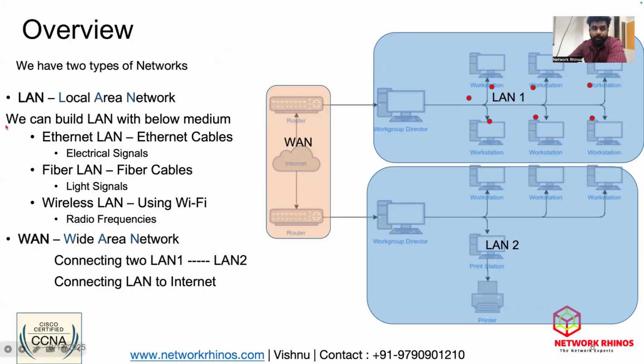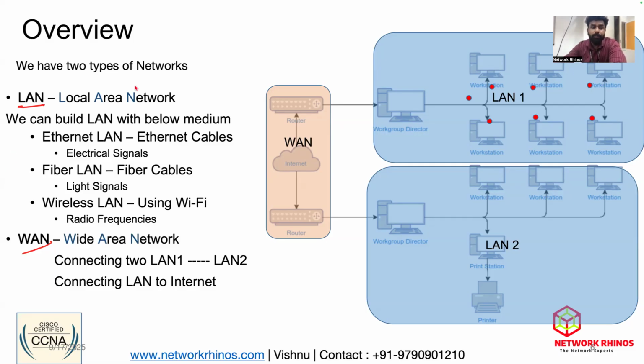So as of today, we will break down LAN and WAN. Now, what is LAN? LAN expands to local area network. When we are connecting like 2 or more PCs together inside a single room, I can call it a local area network, called LAN.